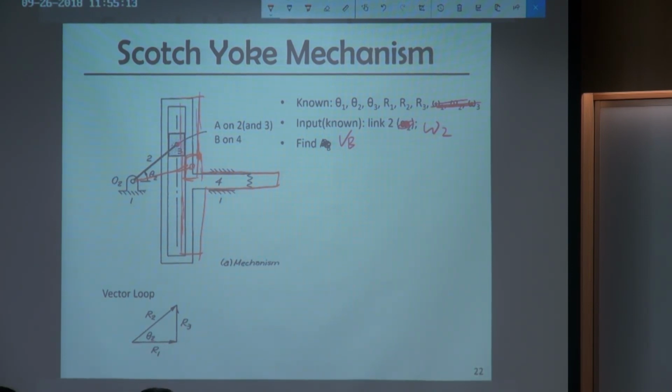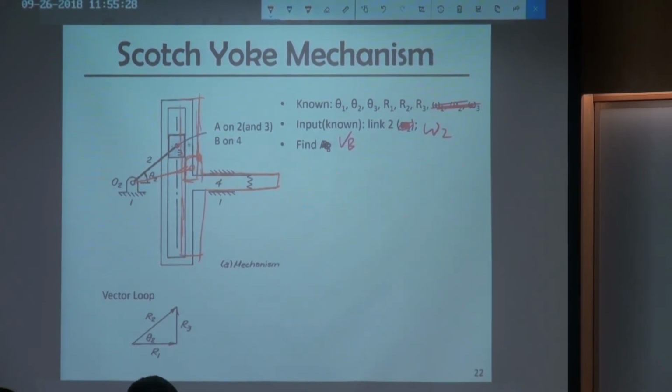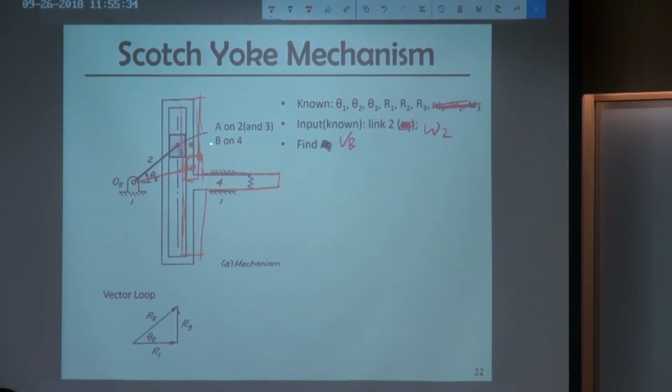What is saying B on 4? That means B is following link 4. So in the orange plot, B will be on this point. So it's the same location, should be a bit lower. So B is on the same location relative to link 4.